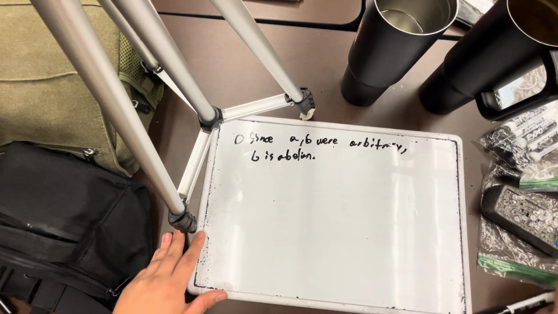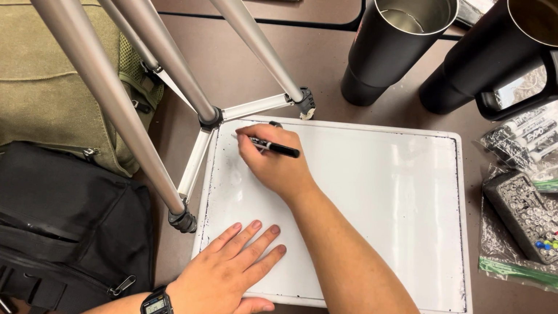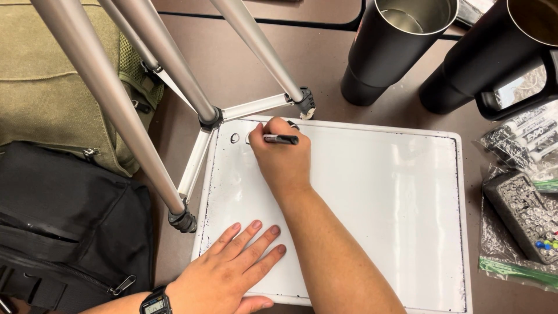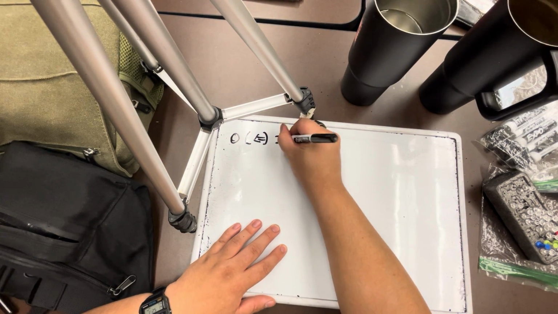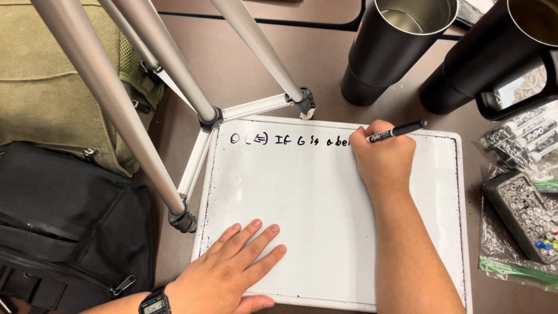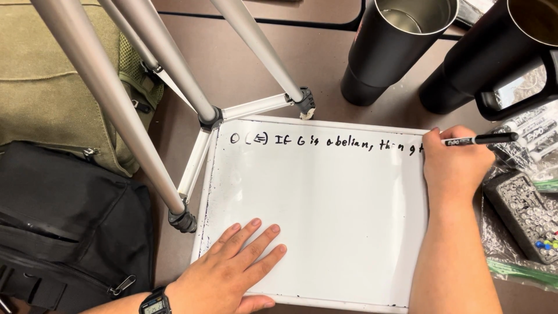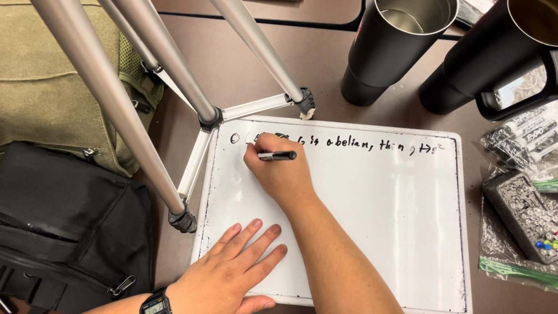Okay, now let's look at the second implication, from right to left. So, I want to show if G is abelian, then g to g squared is a homomorphism.